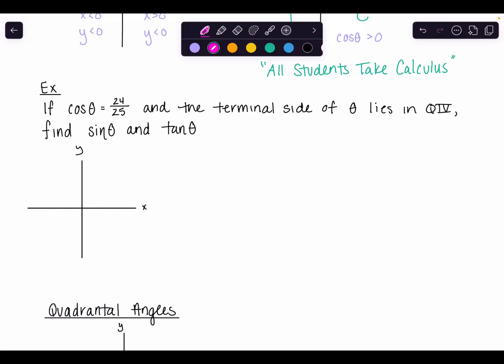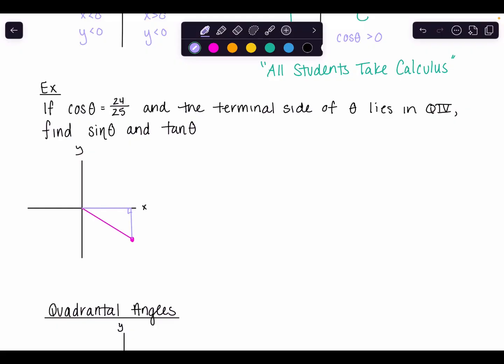The terminal side of our angle lands somewhere here in quadrant 4. So the angle theta is really the whole one over here, but that defines one particular angle here. So we use that to figure out the opposite and adjacent. So I'm going to draw a right triangle in. Close enough to a right angle.